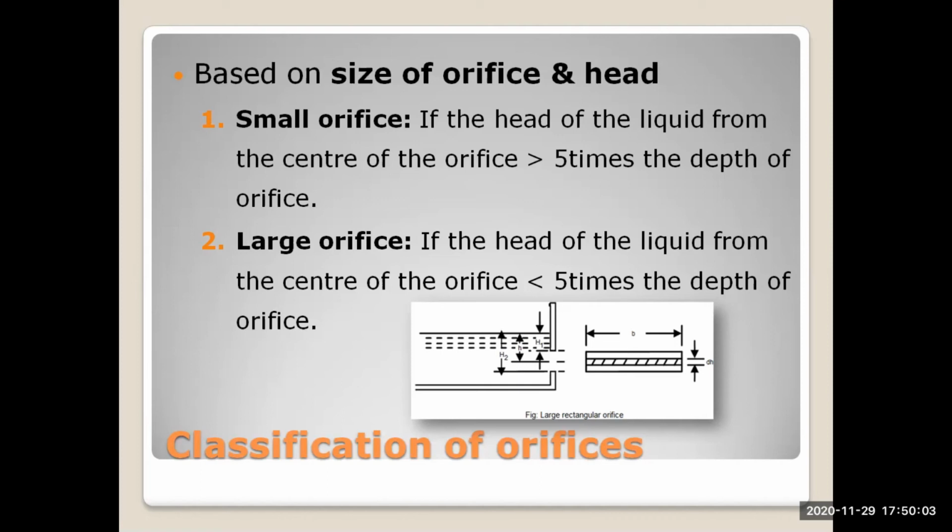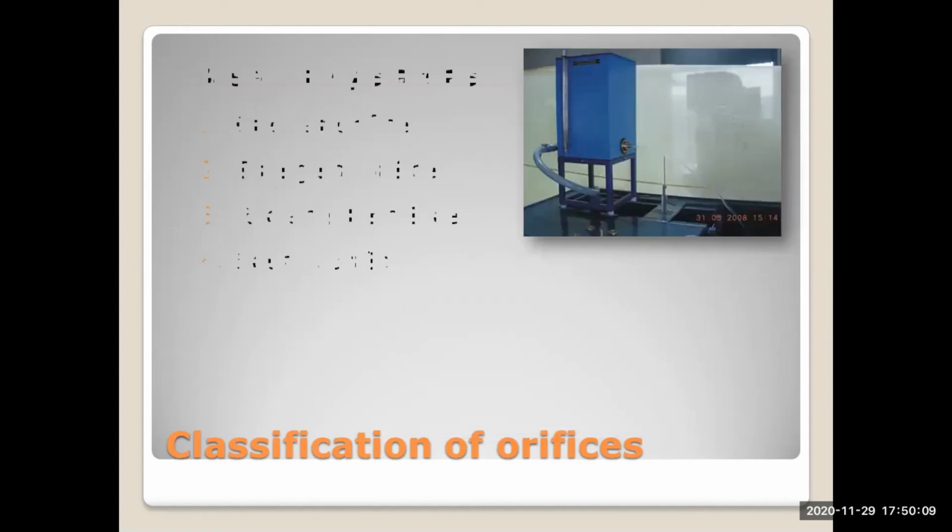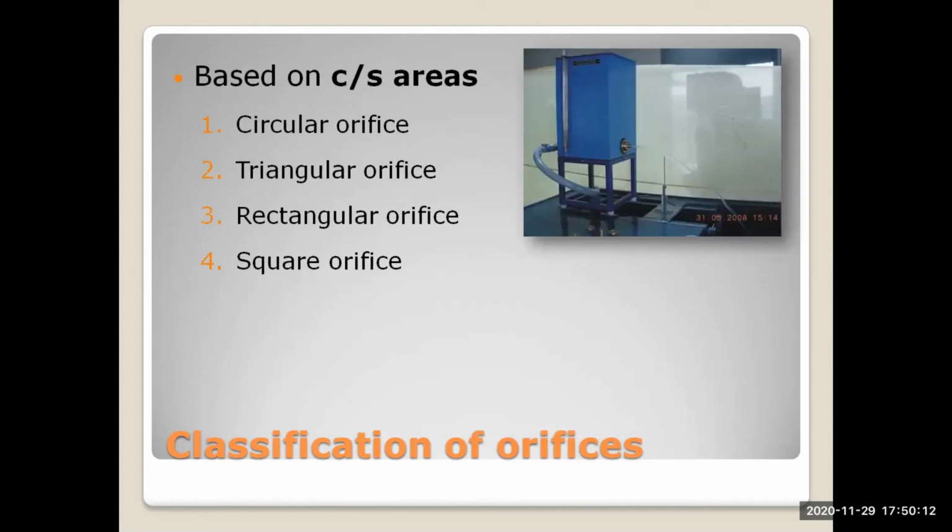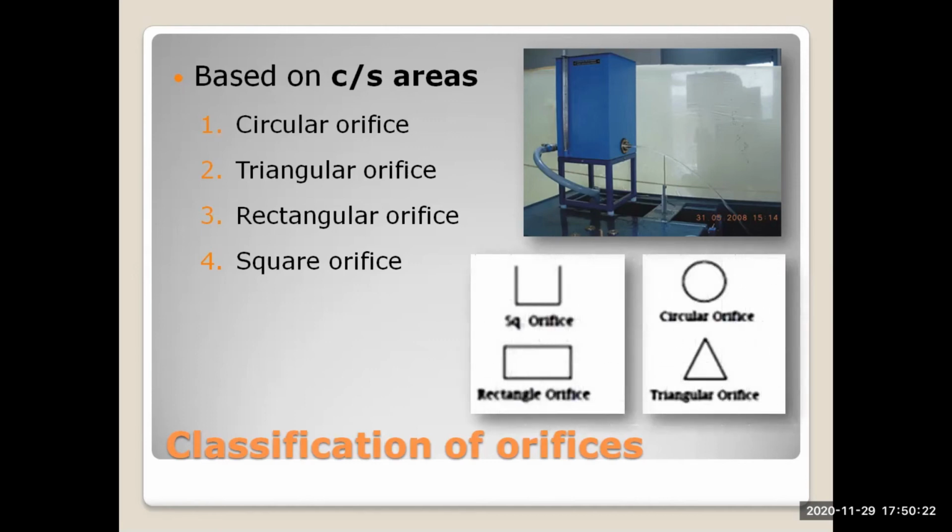That is the first classification of the orifice. The second one is based on the cross section. We have four different types: circular, triangular, rectangular and square orifices. Here you can see the circular, triangular, rectangular and square types.